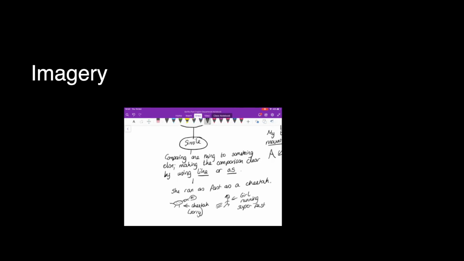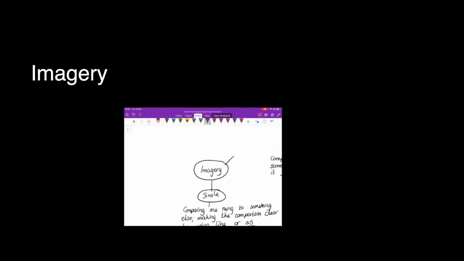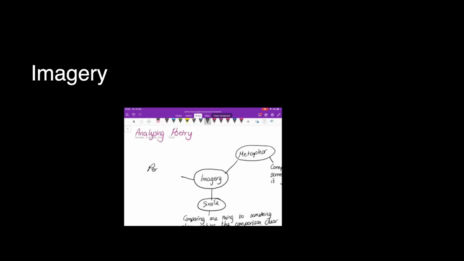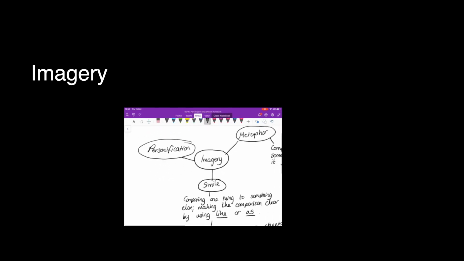Finally, I'm going to tell you about my favourite technique, personification. In this, we would give an inanimate object a human quality. For example, the wind whistled in my ear.